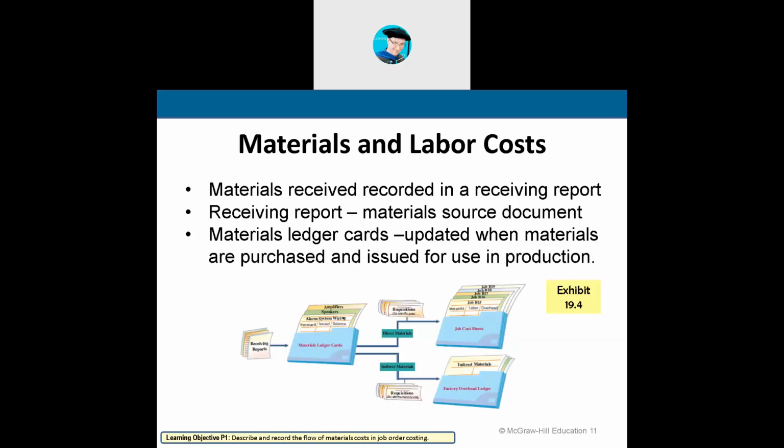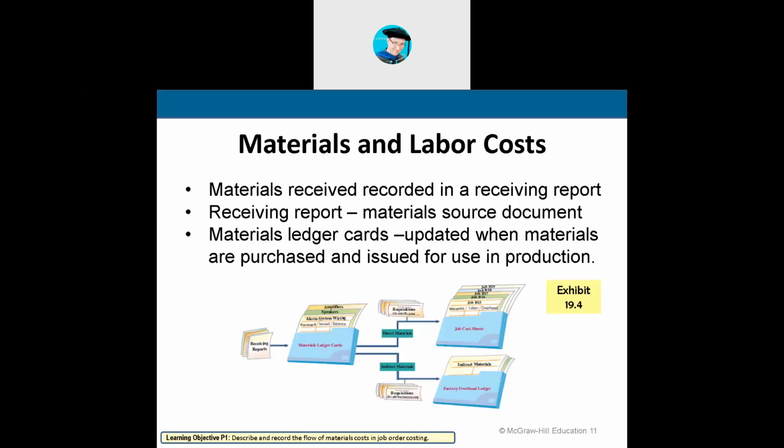Yep. When I buy those materials, I receive it from my distributors, I have what's called a receiving report. The receiving report shows me how much I purchased, quantity that I purchased times the cost that I purchased it at, giving me the total purchase amount.